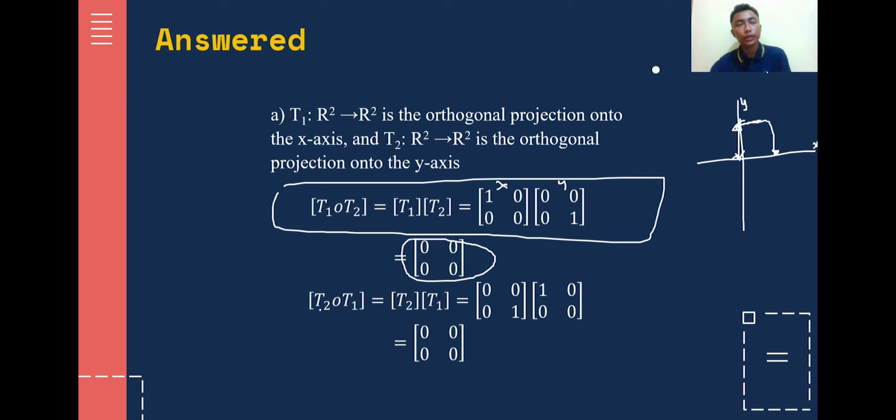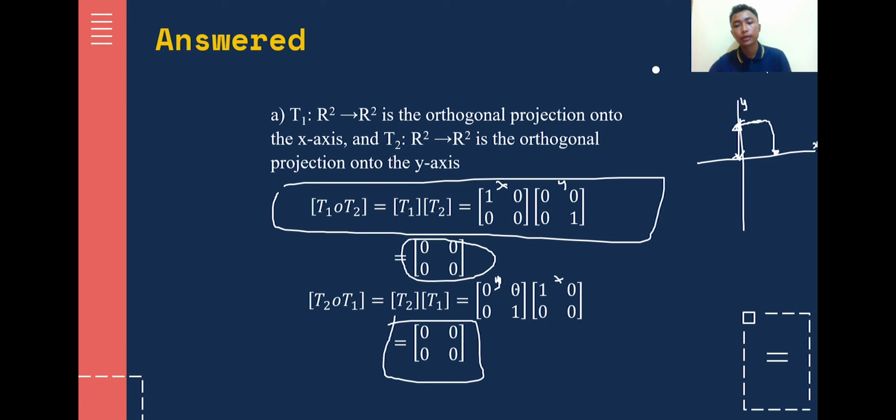And how about T2 or T1? We just need multiplication. This is in the y, this is in the x, and we get the same result, 0 0. Why like that?